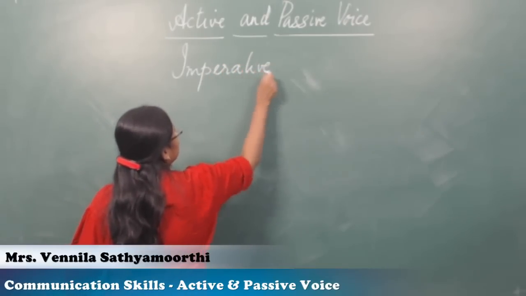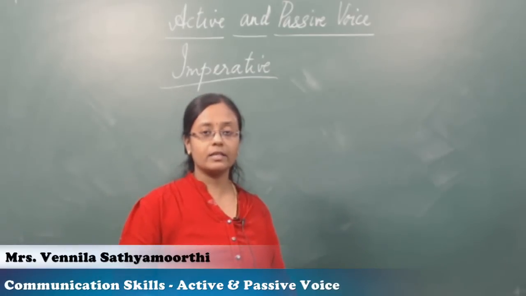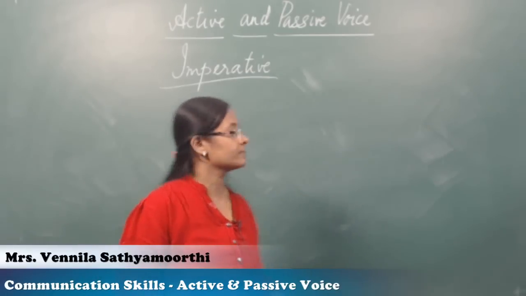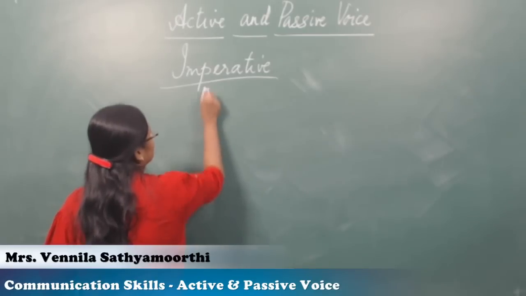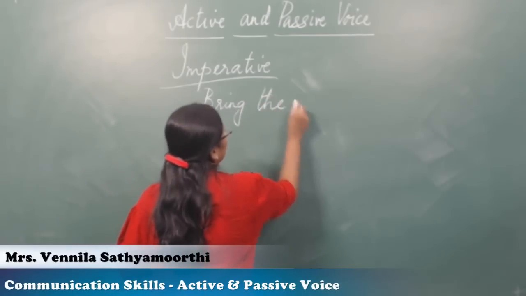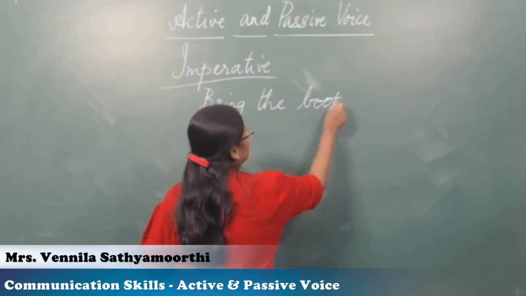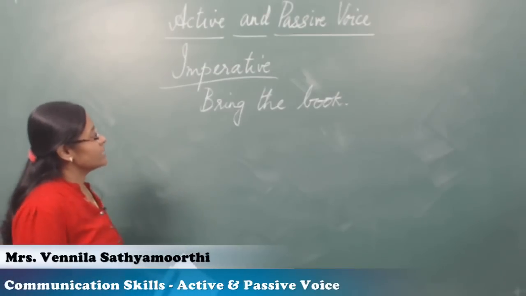This is the third type of sentence. Totally there are 4: assertive, interrogative, imperative and exclamatory. Okay, now bring the book. This is an example for an imperative sentence.